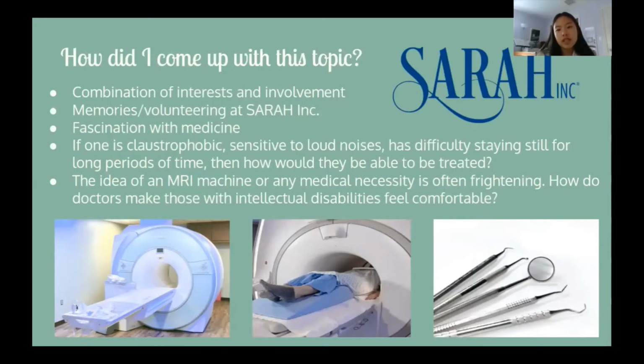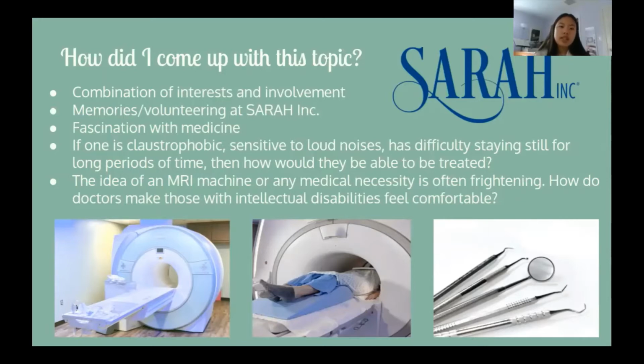And then my specific topic came up about a year ago, when I had to get an MRI. When I was lying there, I was really thinking about how some people experience difficulties in getting MRIs done. For example, my mom is claustrophobic. If someone was claustrophobic or sensitive to loud noises or had difficulty staying still for a long period of time, how would they still be able to be treated?